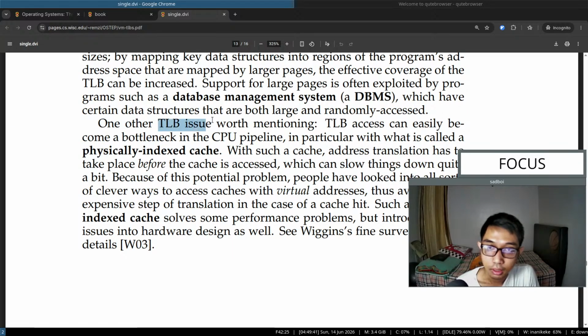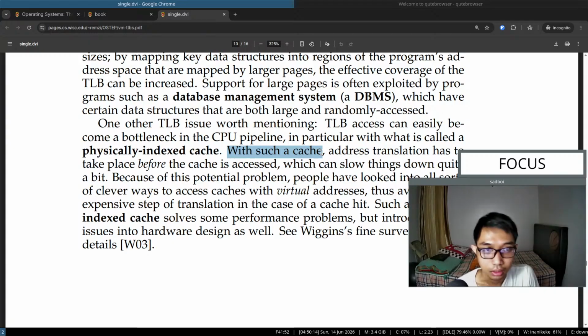One other TLB issue worth mentioning: TLB access can easily become a bottleneck in the CPU pipeline, in particular with what is called a physically indexed cache.